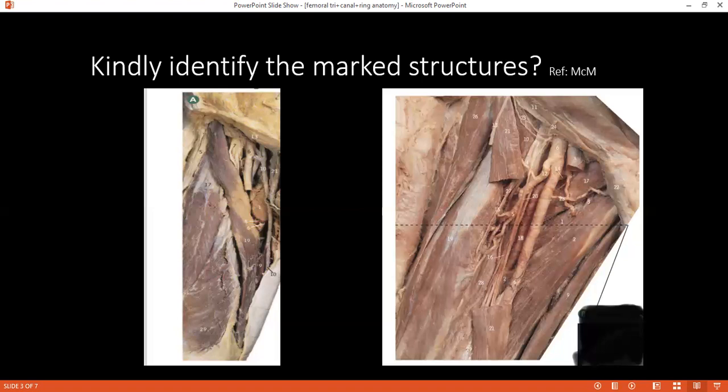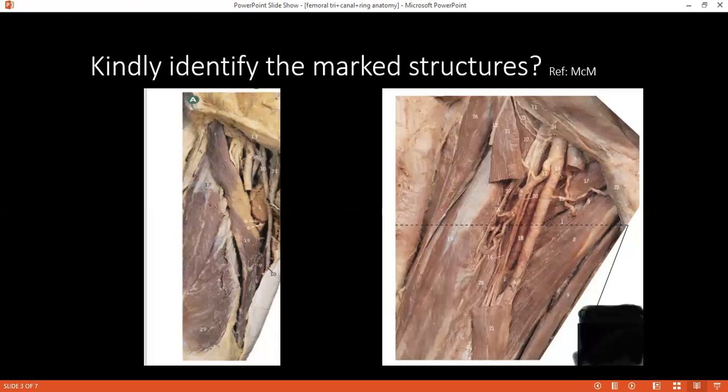Very good. Okay. On the right, if you can identify this structure, number 19. It is the sartorius. Can you please tell me the attachment of the sartorius muscle?